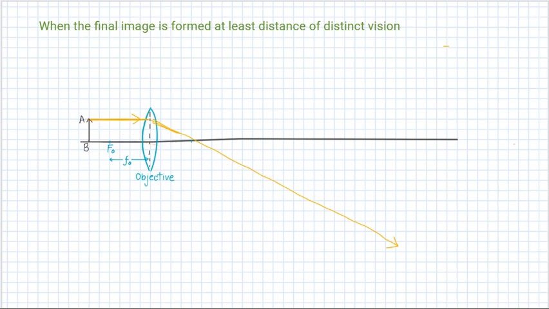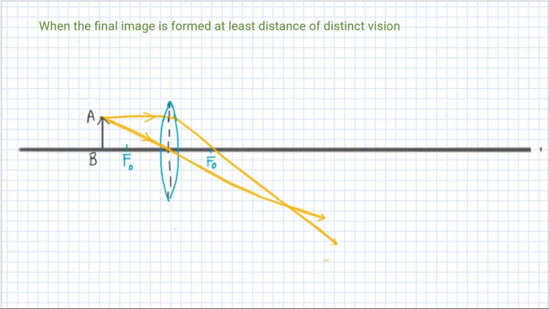Let us look at this line. I have made this a little bit bigger. So this is your second ray, which passes through the optical center and passes undeviated.